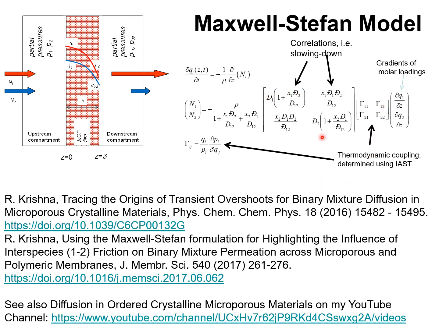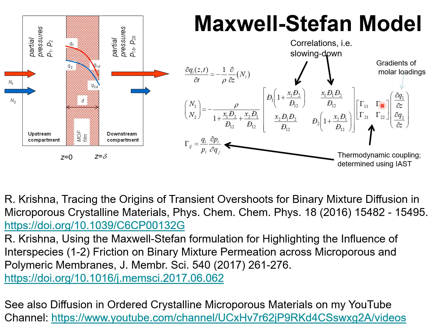Besides the matrix of diffusivities here, we have a matrix of thermodynamic factors, gamma 11, gamma 12, gamma 21, and gamma 22. These can be determined from mixture adsorption equilibrium. They are also, in general, strongly coupled.